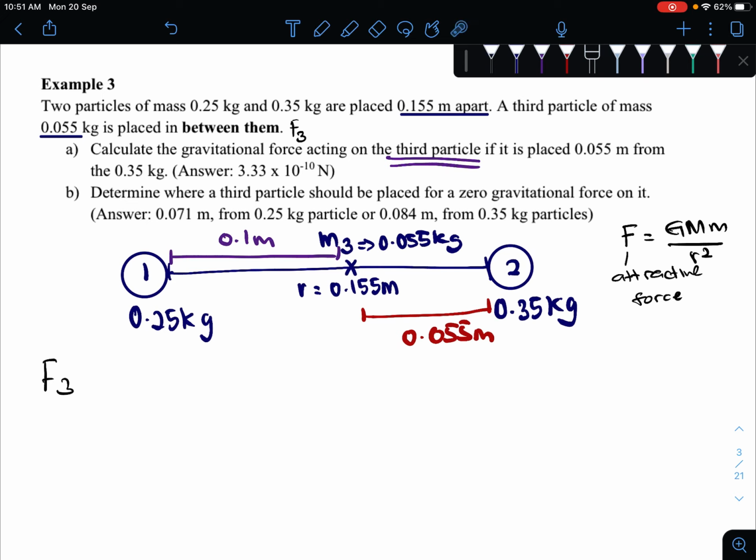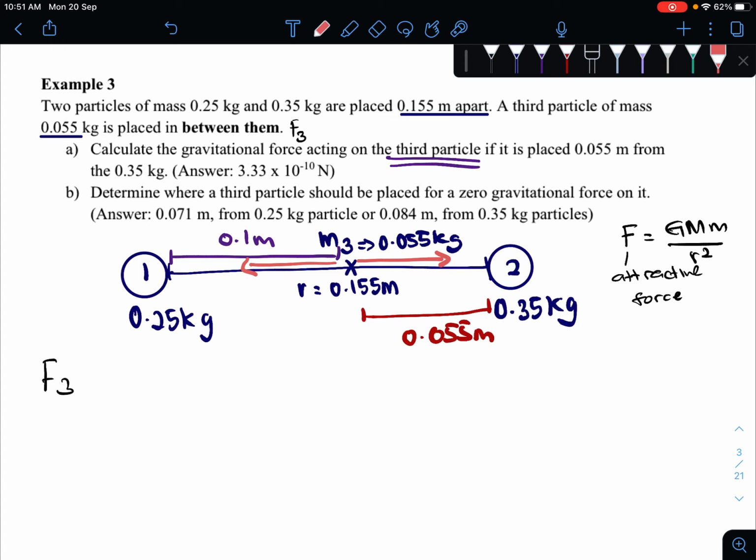So sekarang kalau awak tengok, kita nak tahu the force on M3. Dikelilingi M3 ini ada dua objek, iaitu M1 dan juga M2. This M3 akan experience attractive force with both the objects. Maksudnya dia akan tertarik dengan objek satu dan juga dia akan tertarik dengan objek 2. Maka dia akan ada dua attractive force because dia ada dua objek di sekeliling dia.